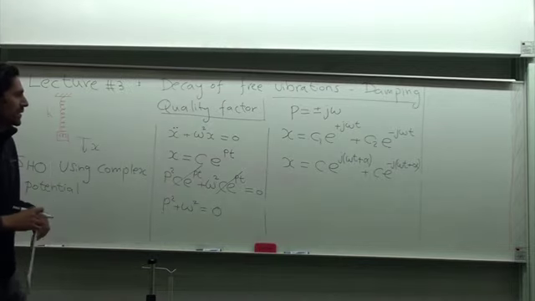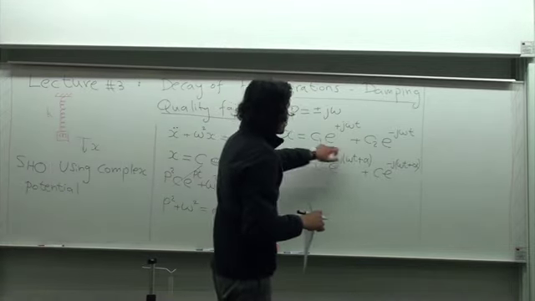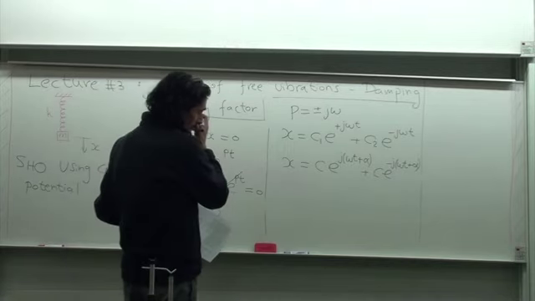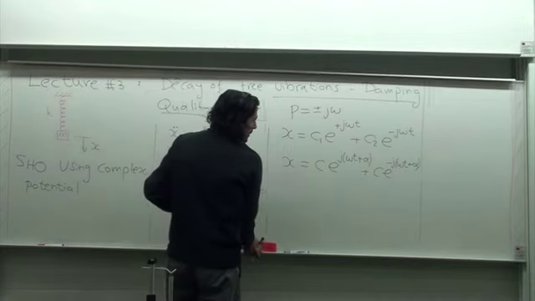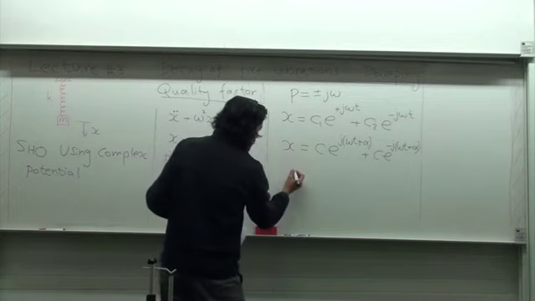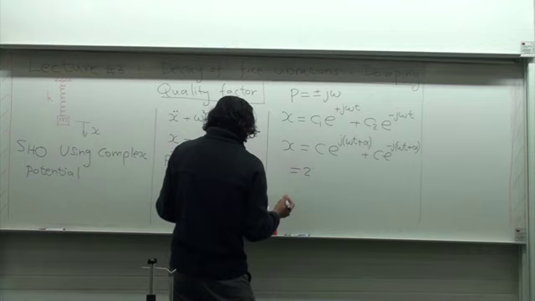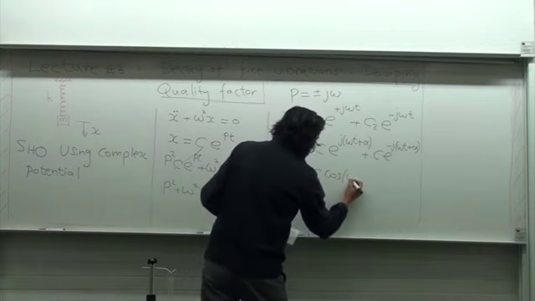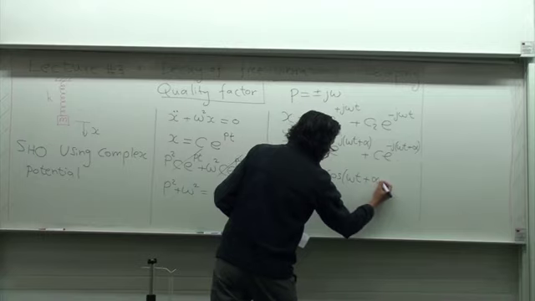This would still satisfy my equation if C1 and C2 have the same length. Alright, now this is 2c cosine omega t plus alpha.